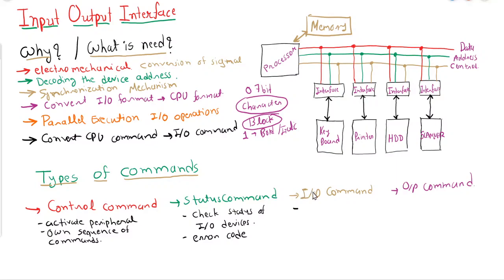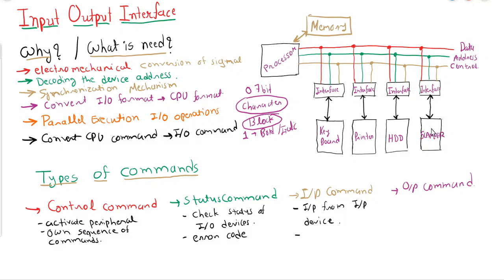Then the input command. Input commands are basically used to take input from the input device. How will it work? Let's say the computer wants to read an image using a scanner. It will send the status command, and if the device is available, it will send the control command.